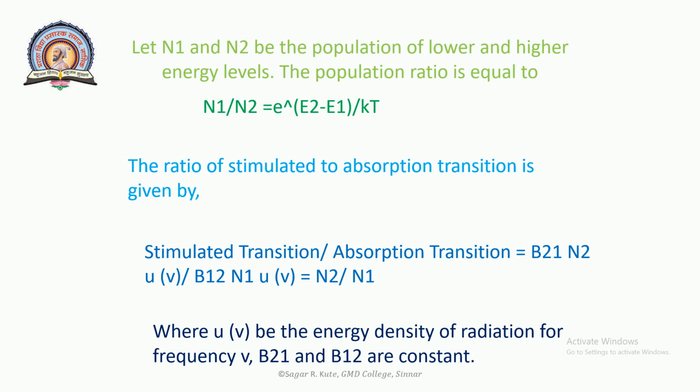Hence, the state of population inversion is sometimes called the negative temperature state. Negative temperature does not mean that we can reach below 0 degree Kelvin. The state of population inversion is a non-equilibrium state, and in general practice this state is obtained at ordinary temperature.